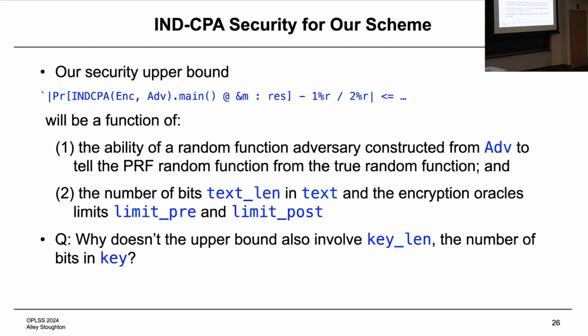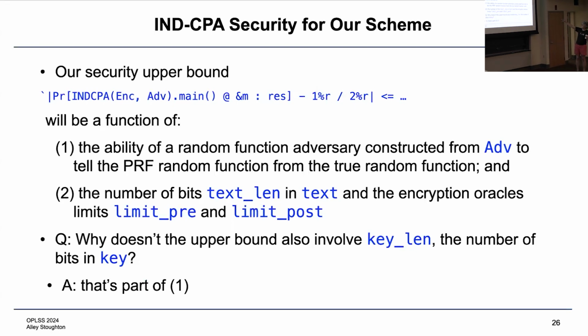Right. And why don't we have to explicitly involve keylen? Well, because we're already talking about the ability of the constructed adversary to tell the PRF from the TRF. If the key is tiny, then it's going to be easy for it to do that.